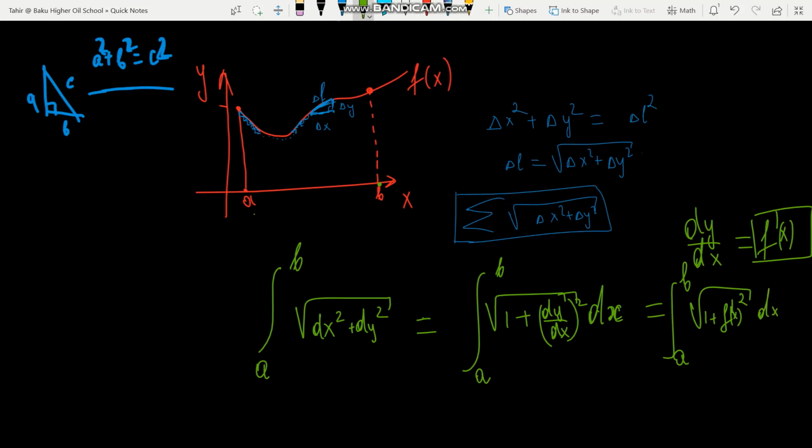We can write here any function we want and find the length of that function within the given interval. In our case it was from a to b.